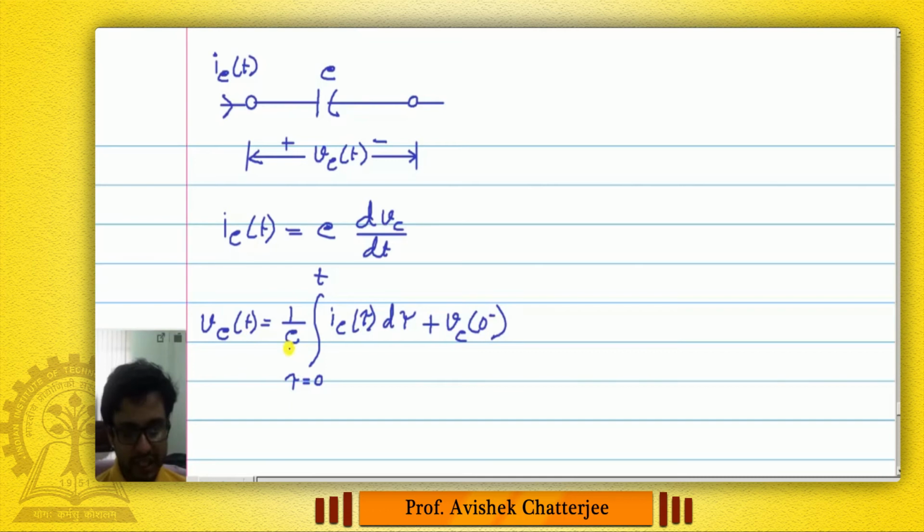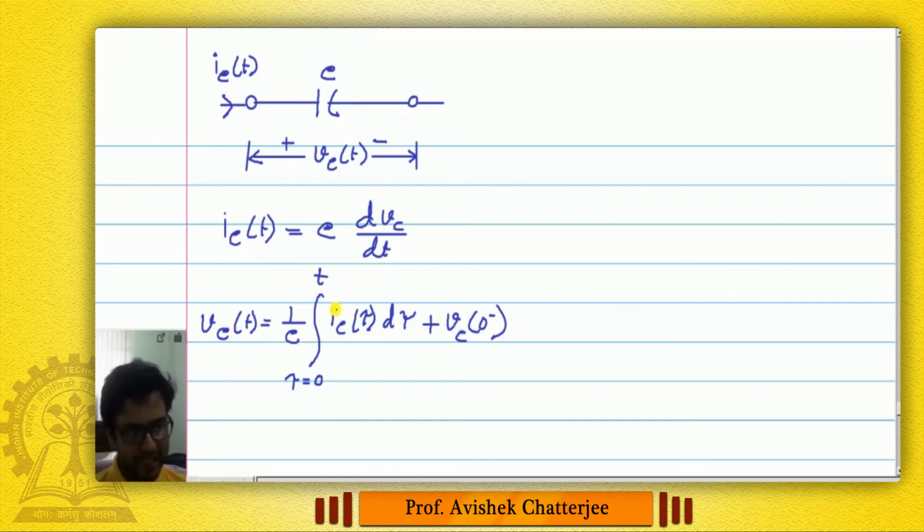Why is this equation correct? You can check by putting t equal to 0 minus here. So left side will be vC(0-). This integration will be 0 because you are integrating from 0 to 0 minus, that is 0. And right, so this term will survive. So left side, right side will be equal. This equation is correct.